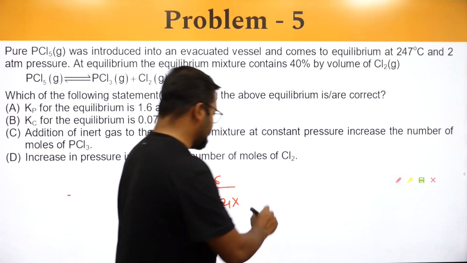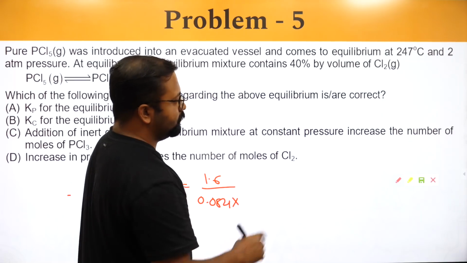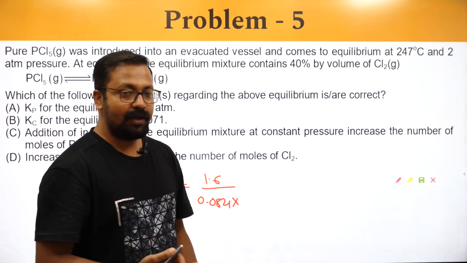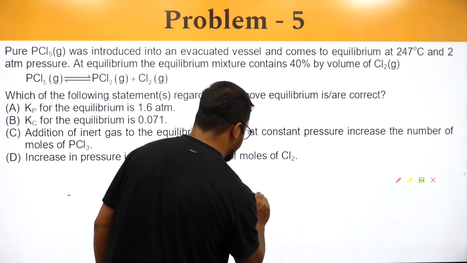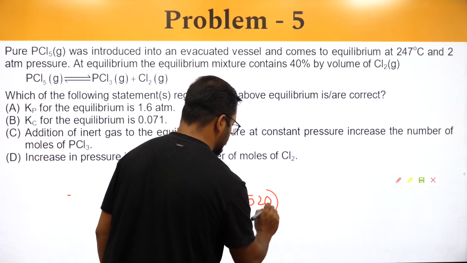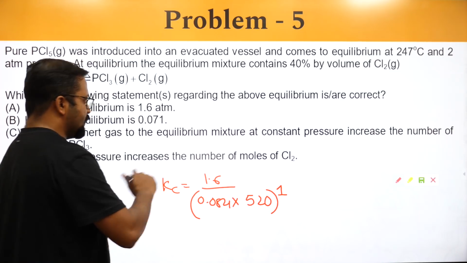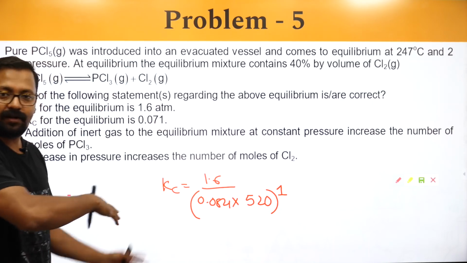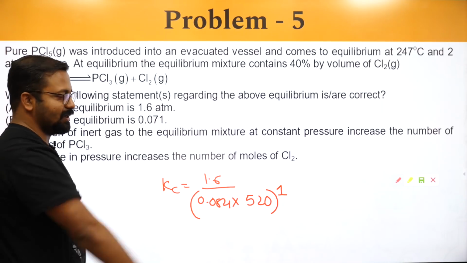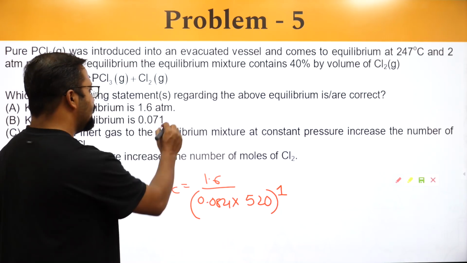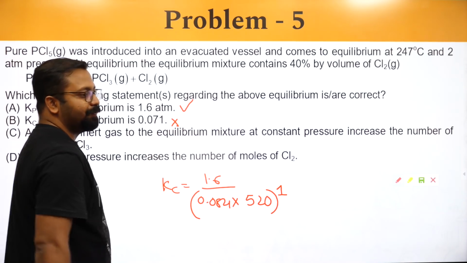So 247 plus 273, that turns out to be 520. Put 1. If you calculate this value, this will come out to be 0.037. I did the calculation, तो मैंने calculation किया है, इसलिए 0.037 ये नहीं आता है, ये आएगा, ठीक है.